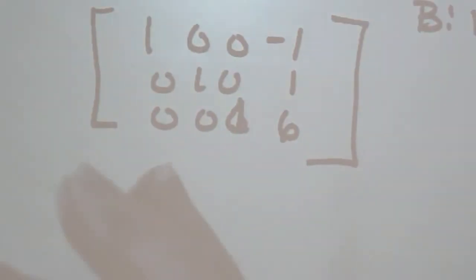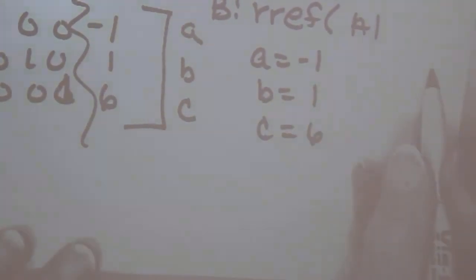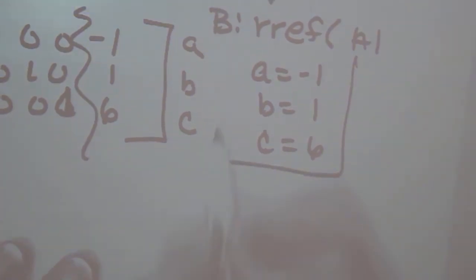Now, because we put our equations in A, B, C order, these are our answers. The A, the B, and the C. So you can tell yourself A equals negative 1, B equals 1, and C equals 6. Box it up, and you are done. That's it? That's it. You made your calculator do the hard work.